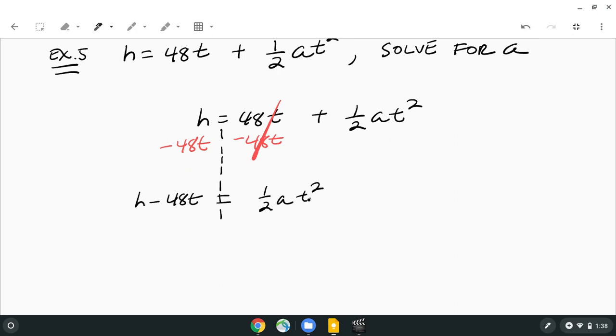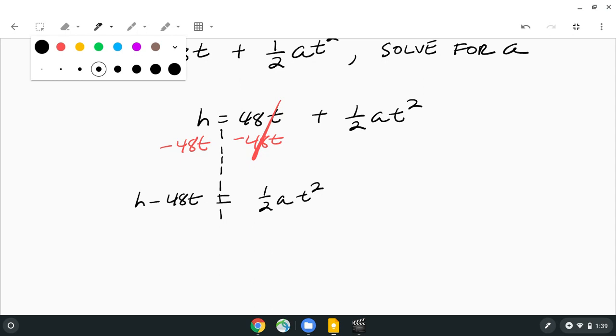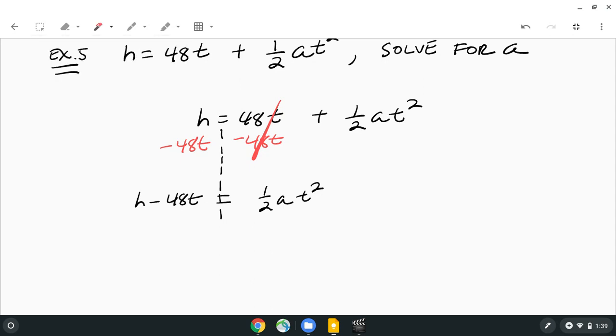So I'm going to take care of the t squared first. This is multiplication, right? So I'm going to divide by t squared. I'm going to divide this side by t squared.